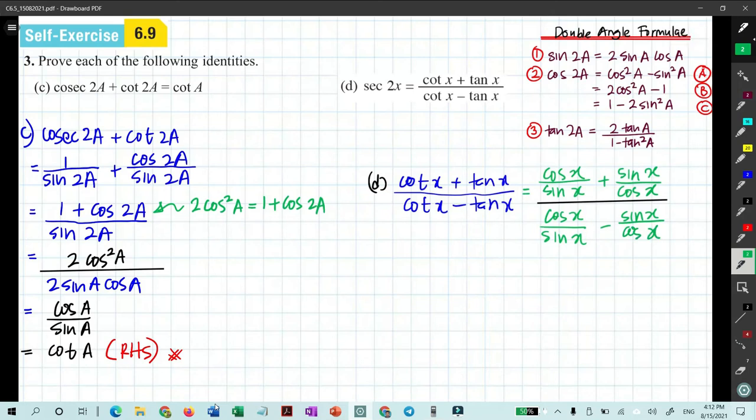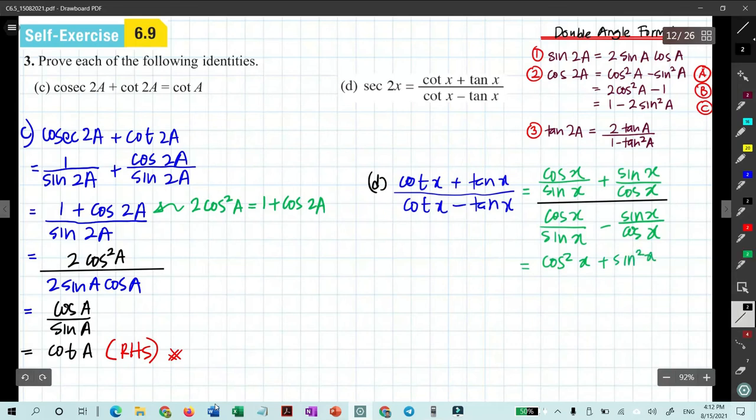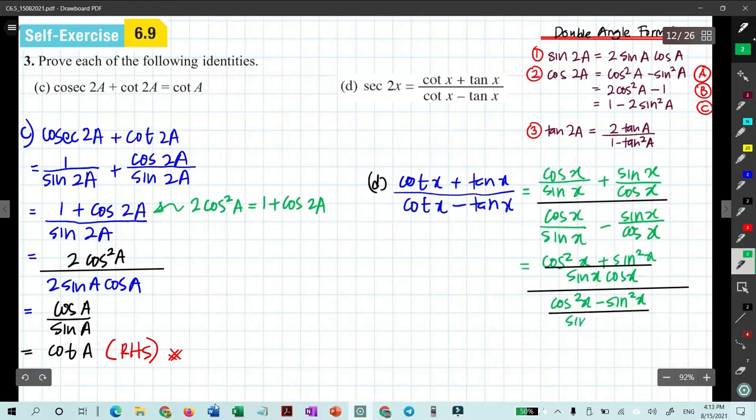Okay, and if you simplify this, you'll get cos square x plus sine square x over sine x cos x, divided by cos square x minus sine square x over sine x cos x.